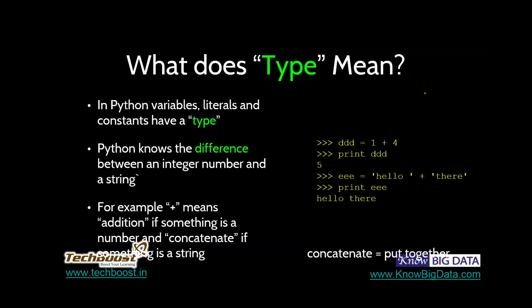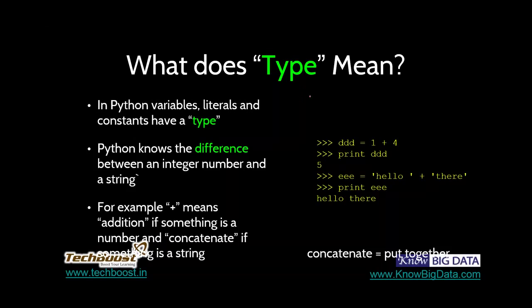Now what does type exactly mean? We say that we have integer type, float type, string type. What exactly is the type? Type is nothing but the type of the data we are dealing with.